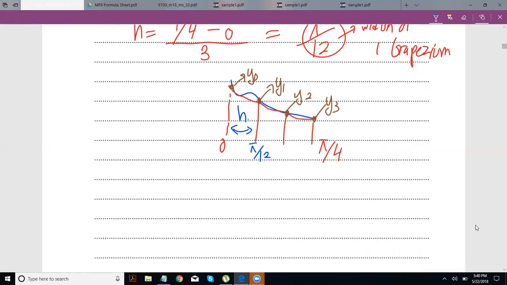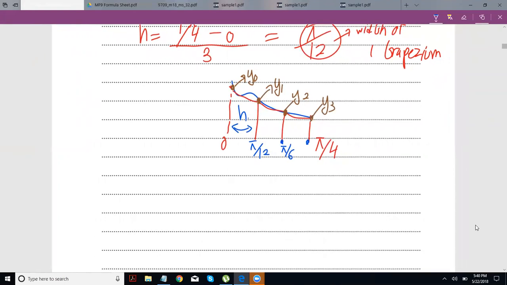To get to this particular point, you just have to add another pi upon 12, which makes it 2 pi upon 12, which is pi upon 6. To get to this point, you just have to add another pi upon 12, which makes it pi upon 4. And hence, you can use these values to calculate the corresponding y values.